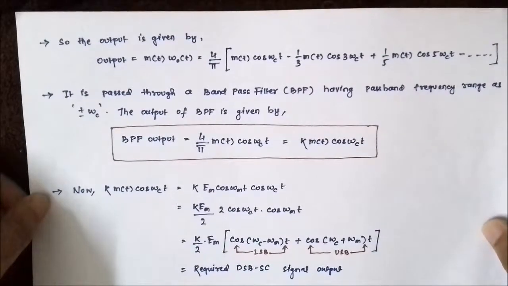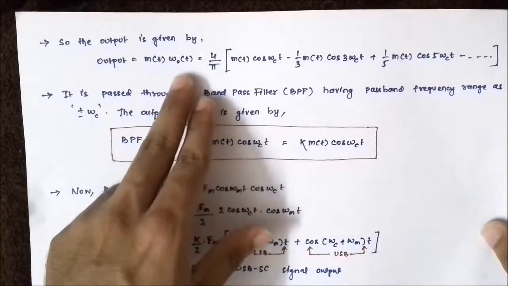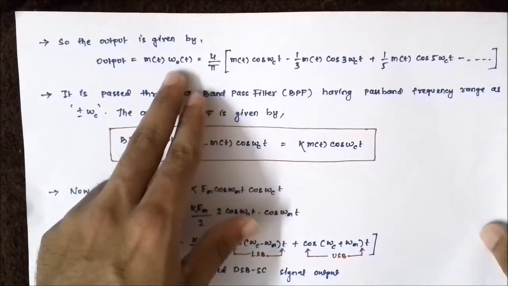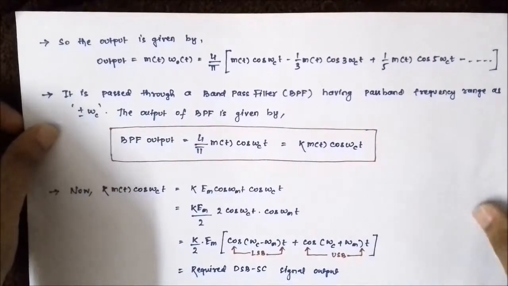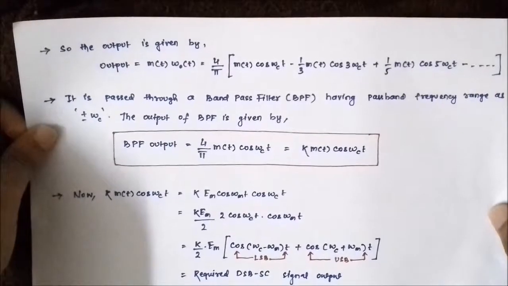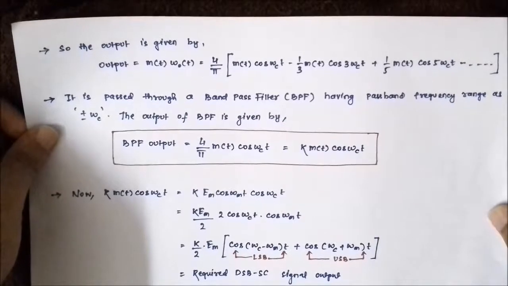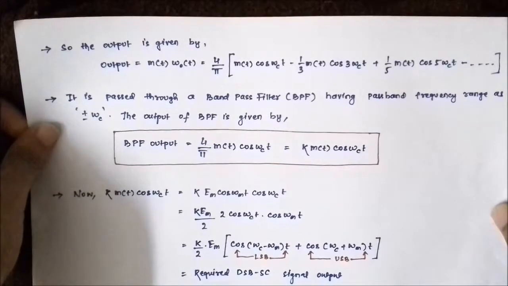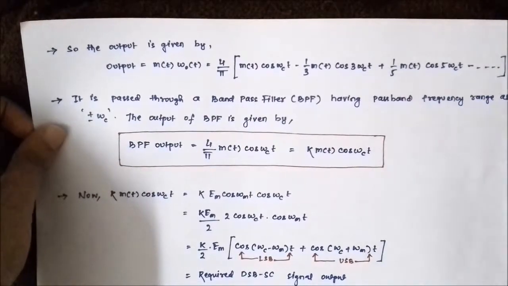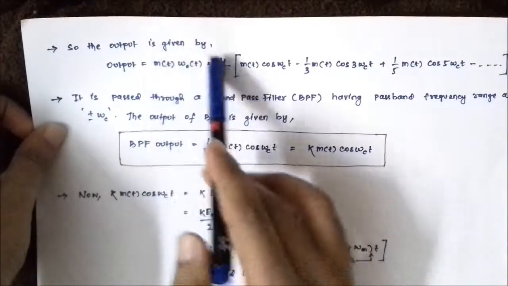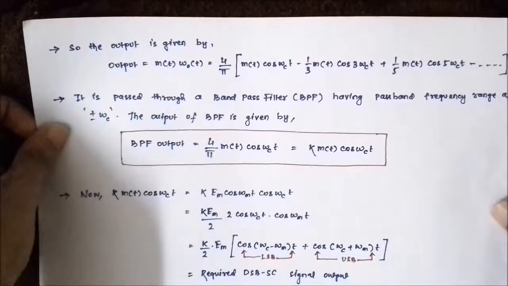The output is given in terms of the product of the modulating signal and the bipolar square wave pulse train carrier. The important thing to take note of is the bipolar square wave pulse train signal, which is given in terms of the Fourier series expansion. That is the important thing to remember in this case, as well as the output expression, which is the product of the modulating signal and the bipolar square wave pulse train.